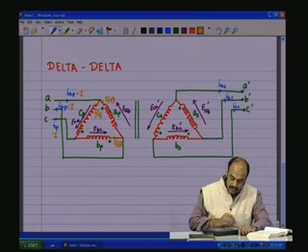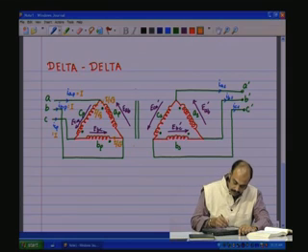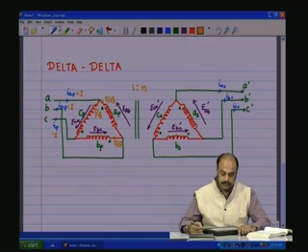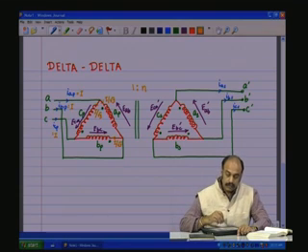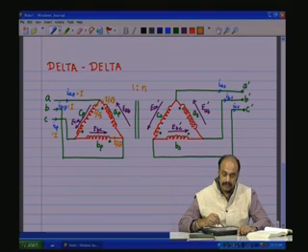Now, this transformer is a 1:n transformer ratio. So, the voltages get multiplied by n and the currents get divided by n.